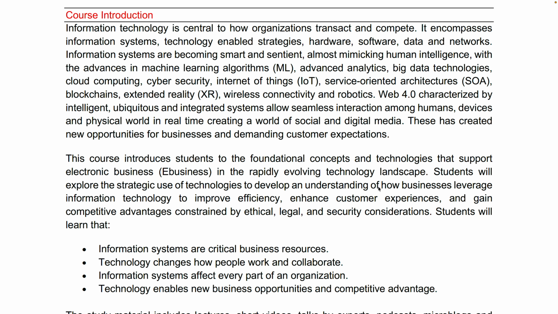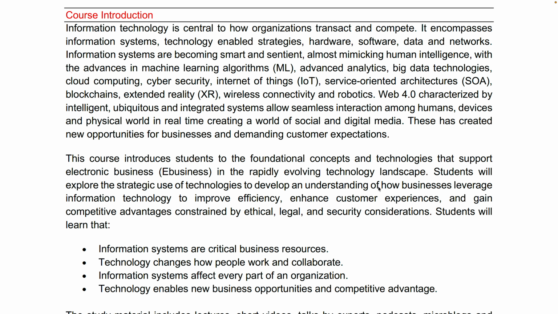Of course, there are controls and barriers put in place to ensure the ethical and legal considerations. So new business opportunities are emerging, and at the same time demanding customer expectations are also on the rise.